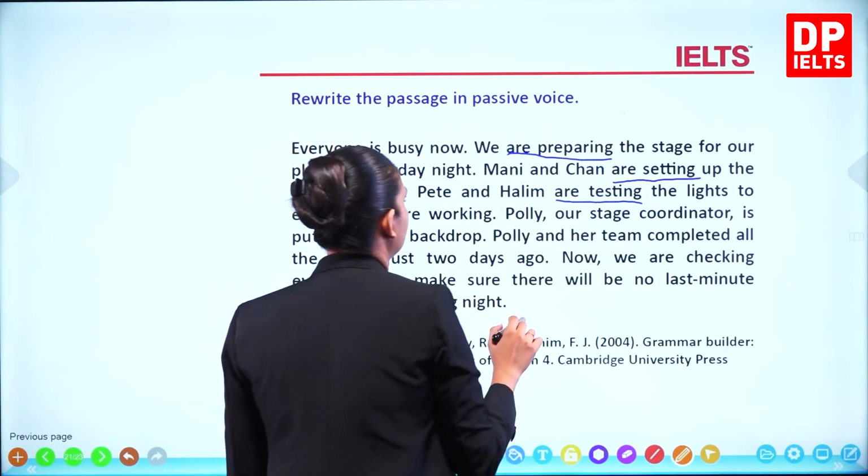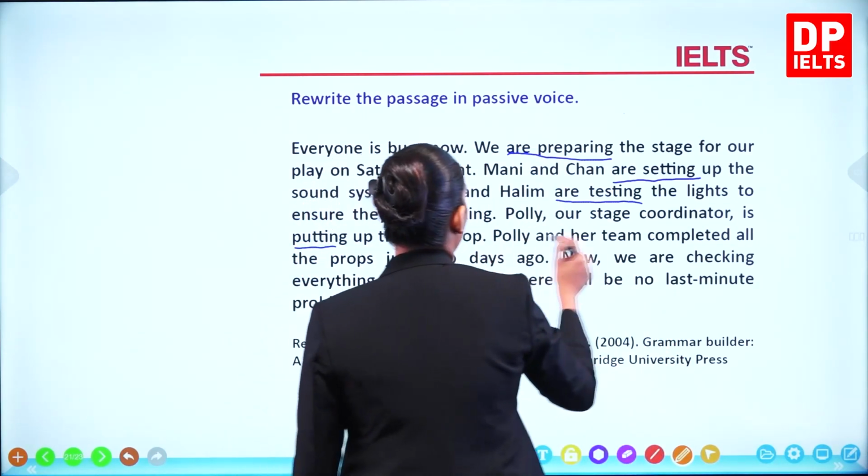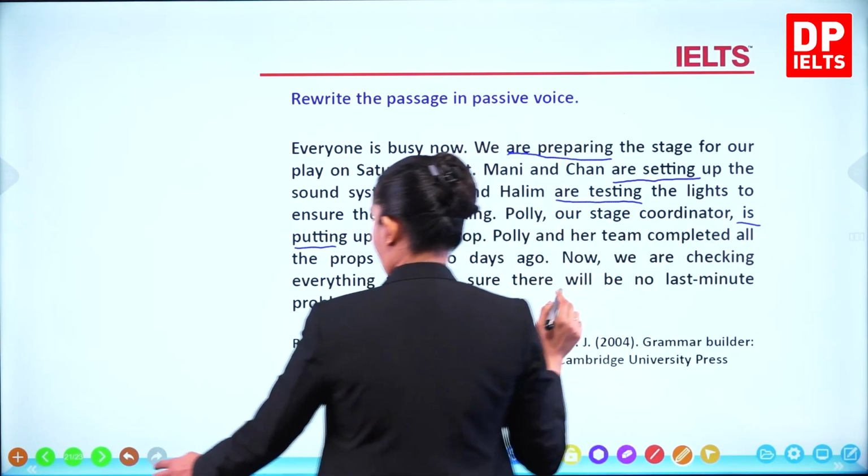Next one. Polly, our stage coordinator, is putting up the backdrop, right?